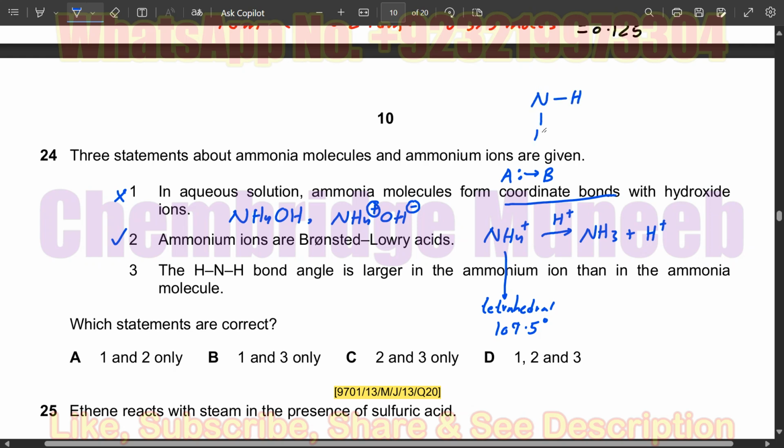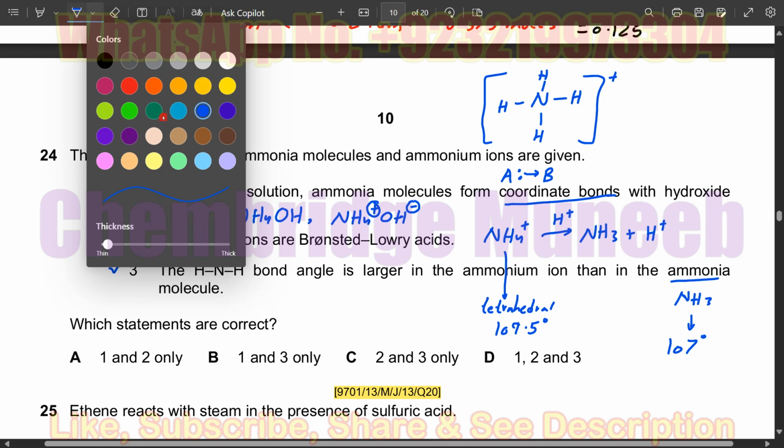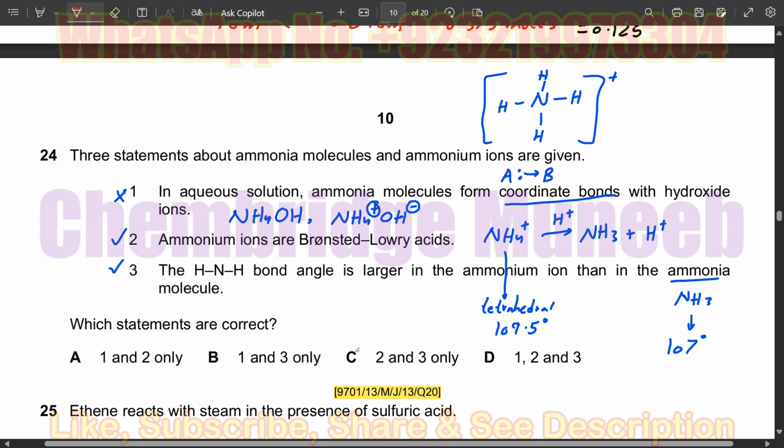This is the structure of the ammonium ion, and plus sign. So 109.5 degree. Whereas for ammonia, we have seen that its angle is basically 107 degree. So yes, the angle in ammonium is larger than ammonia molecule. So that is correct. So both options 2 and 3 are correct, which means the right answer is option C.